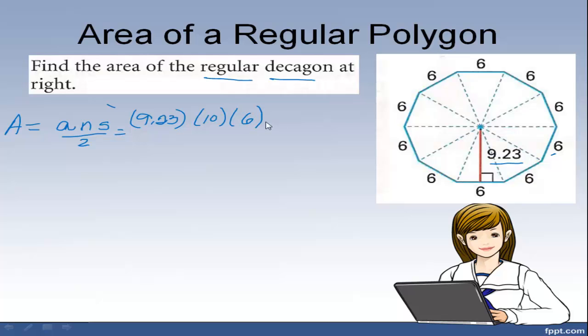Each side measures 6. And then you divide by 2. So this is equal to 9.23 times 30, because 60 divided by 2 is 30. Okay, and then you can multiply this in your calculator or by hand if you want, and that is your area. And again, we don't have units, so units squared.